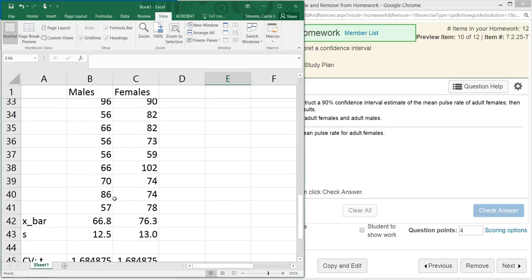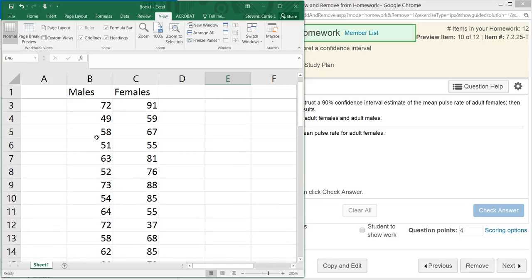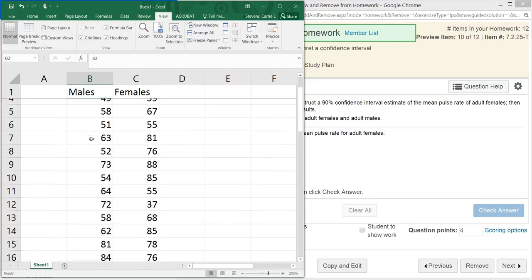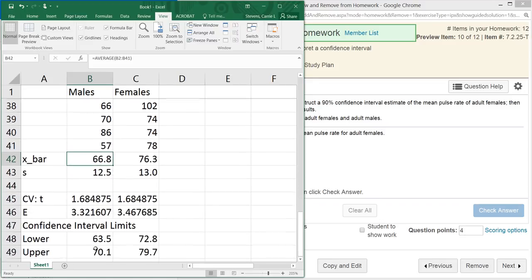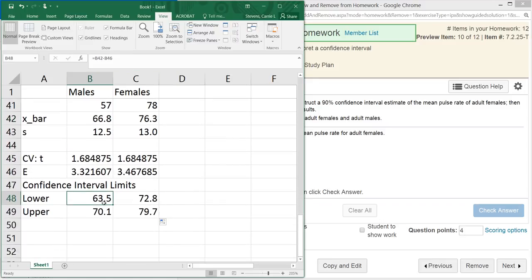It used to be with the graphing calculators, you would have to type all of that into your lists in the calculator to do this problem. With Excel, being able to just copy and paste, it's so quick and easy. And also with these nice little formulas, it's very nice. No big deal, guys. Just do it.